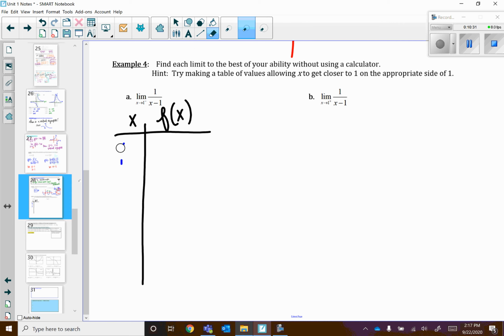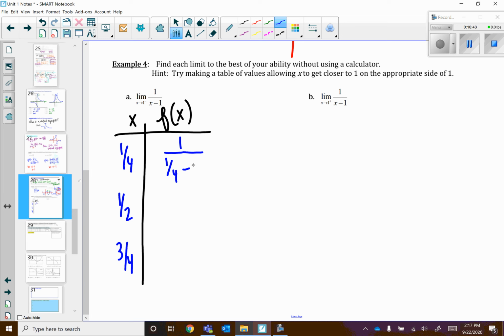I'm going to do 1/4 and then 1/2 and then 3/4. So I'm going to plug these in. 1 over 1/4 minus 1 is really 1 over negative 3/4. The reciprocal would be negative 4/3.